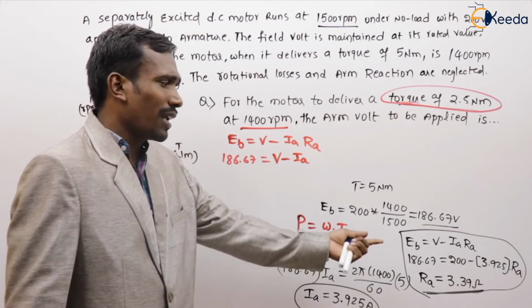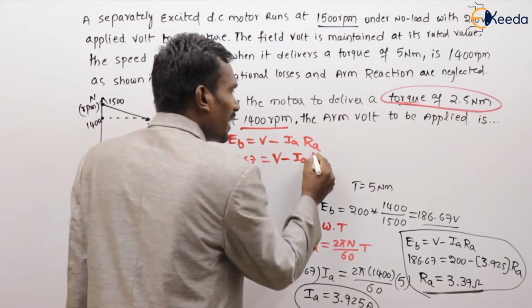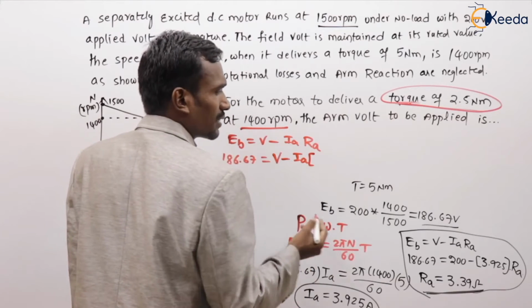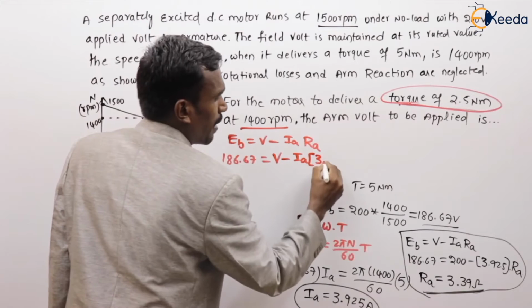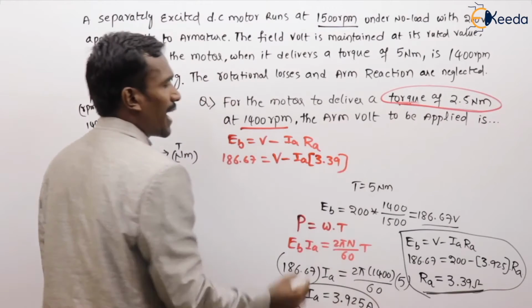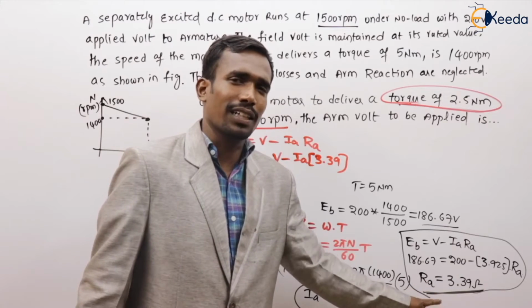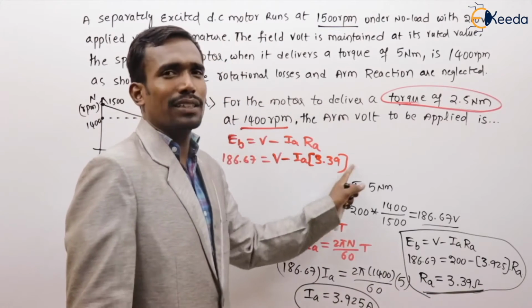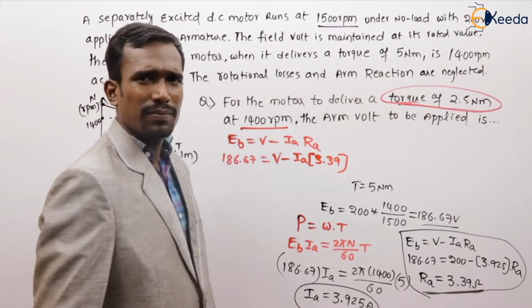Don't substitute the 3.925. And RA, they gave armature resistance of 3.39 ohms. Actually, we calculated the armature resistance in the first question. So 3.39 ohms. Now we have to find out IA.